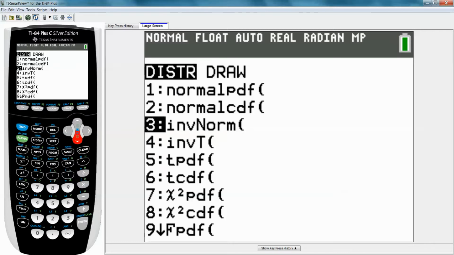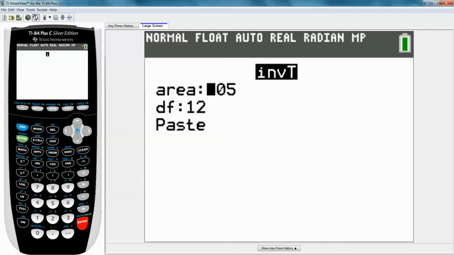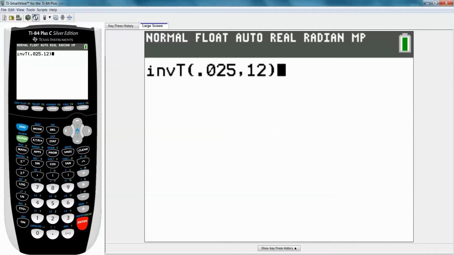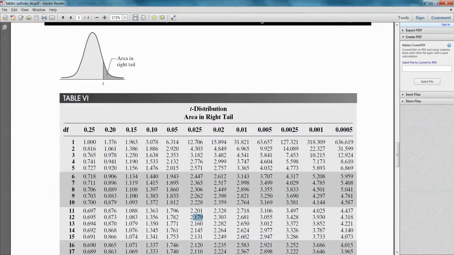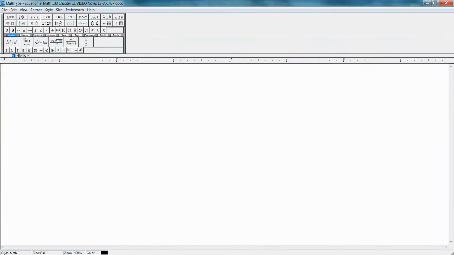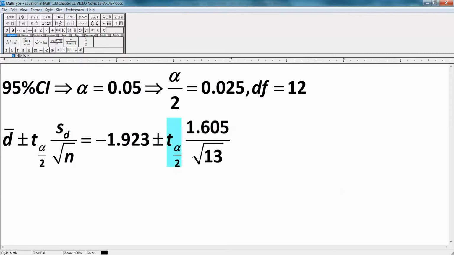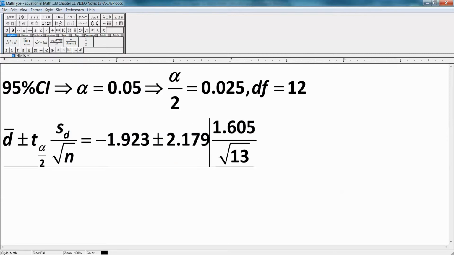You want number 4, and you say 0.025 or 0.975, either one will work, and enter. And there it is. Now remember, TI-83s cannot do this. Only TI-84s can do this. So 2.179.